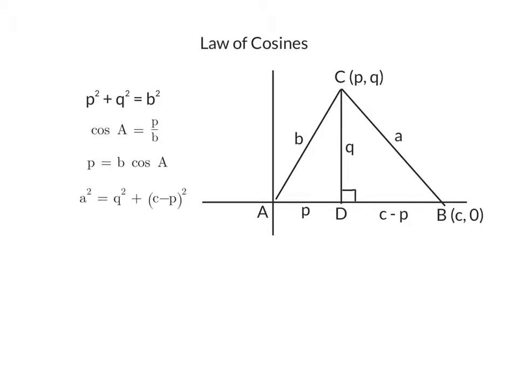Now, rather than leave this in factored form as I've got C minus P quantity squared, I'm going to FOIL that out so I actually get what C minus P squared is equal to.